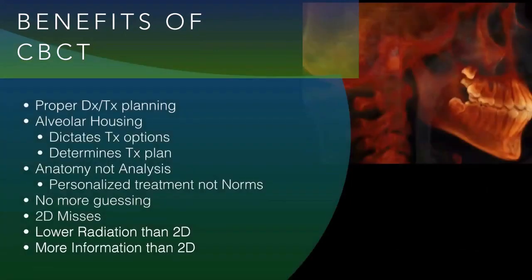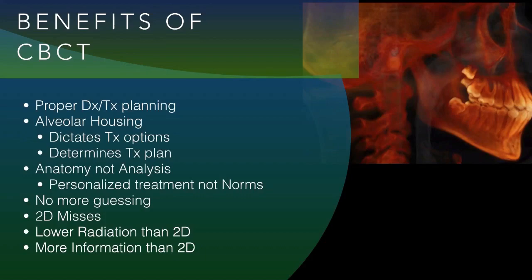So when I think of benefits of CBCT and what they are for my practice and myself, really it allows me the ability to properly diagnose and treatment plan a case. And that in large part centers around the alveolar boundaries or the alveolar housing that the teeth sit in. They're really what dictates my treatment plan, what determines what it is I can do on the case, what mechanics I can use or not use.